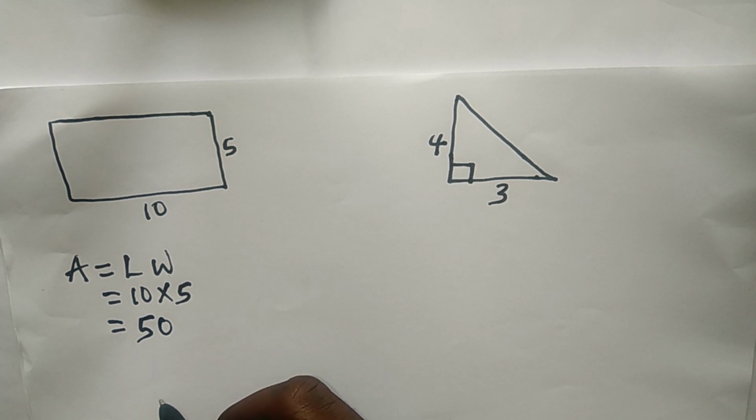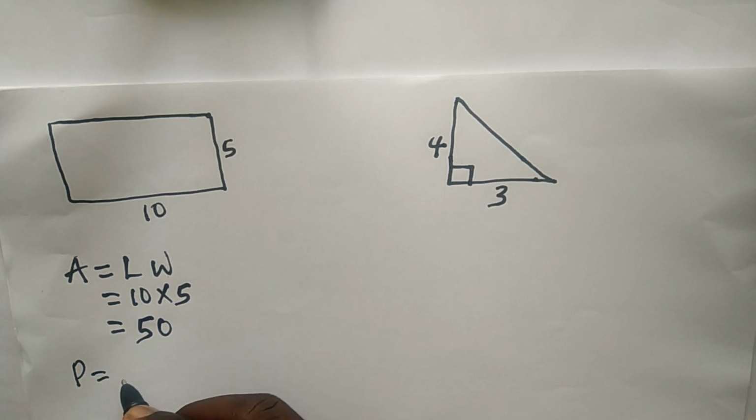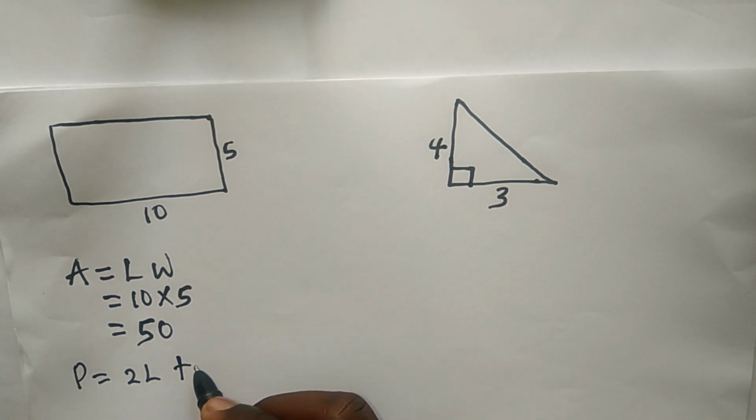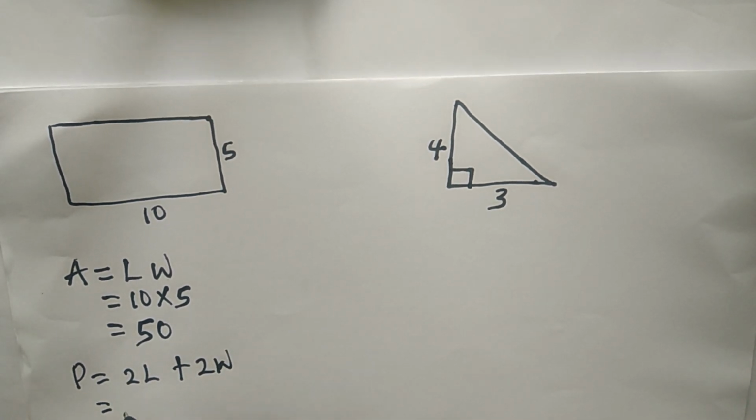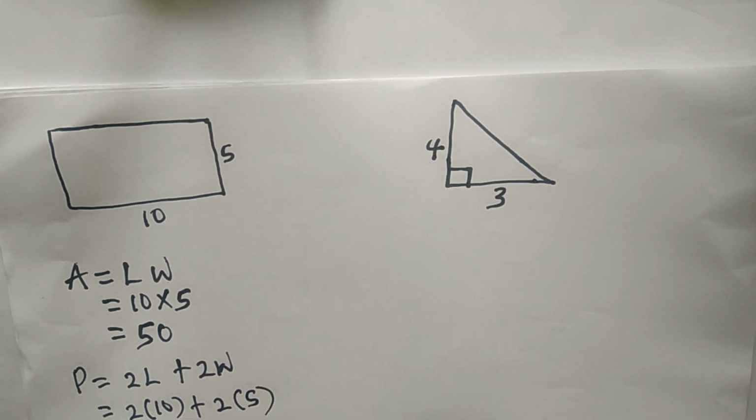Right? Next, we know the perimeter of this rectangle P is equal to 2L plus 2W. Therefore, 2L is 2 times 10 plus 2W is 2 times 5.